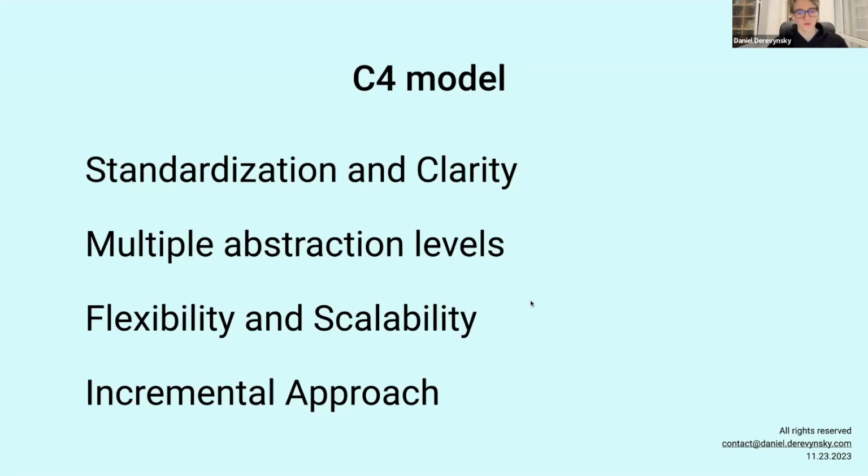We don't want to overwhelm product people, if they want to know something about our system, with detail that they don't need. For example, they probably don't need the code level or component level diagram, but they might still be interested in the system context, like what third-party integrations we have.